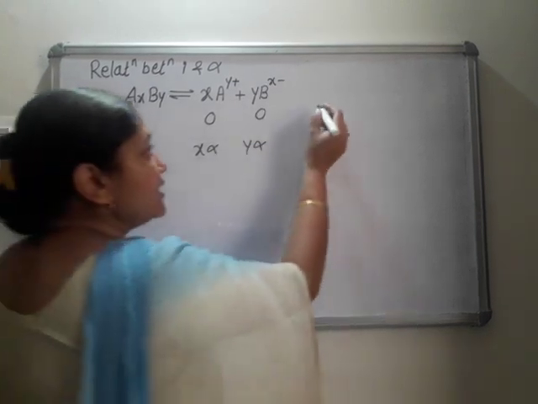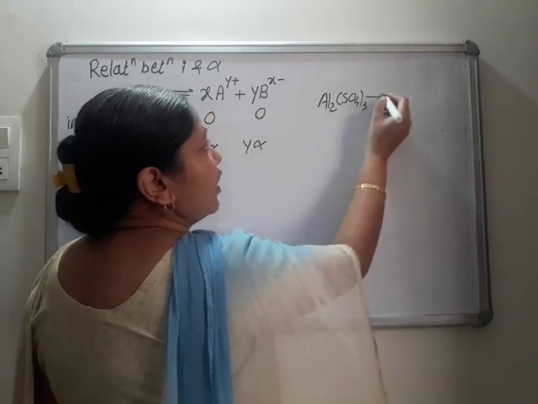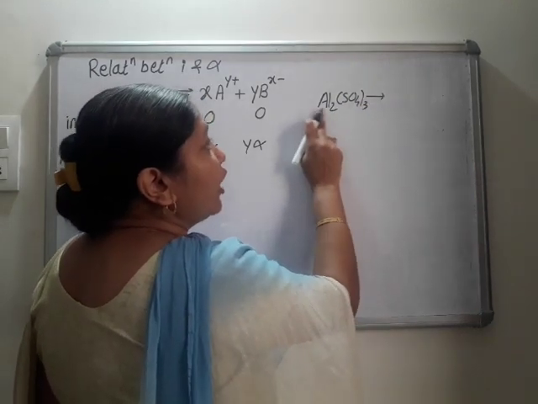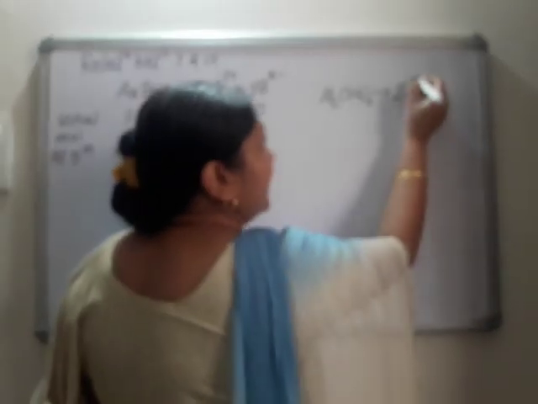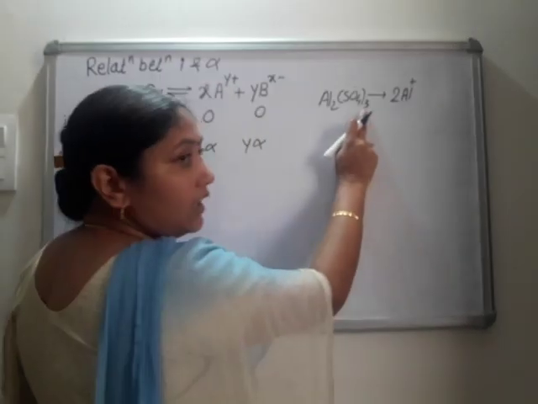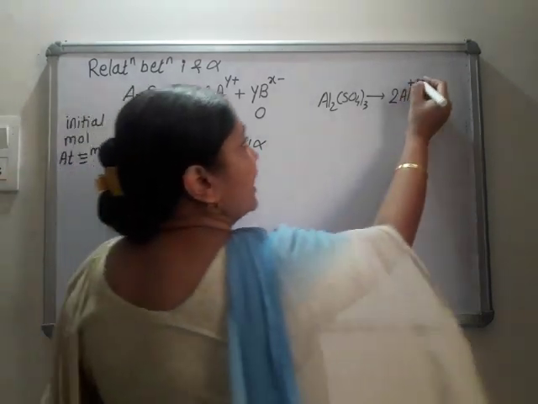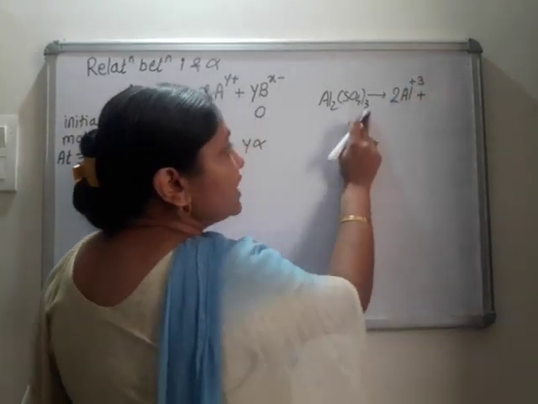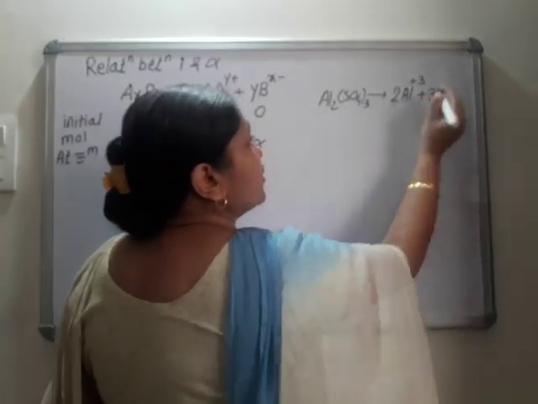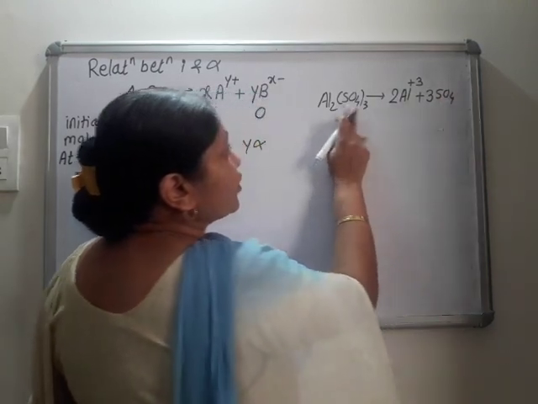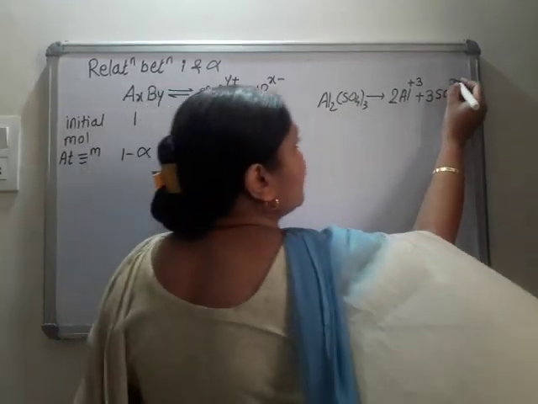Is my point clear? See, Al2(SO4)3. So how do we write its dissociation? How many aluminium are there? 2. So we write 2Al. What is the charge on Al? The number at the bottom of sulfate, so Al is plus 3. Plus how many sulfate are there? 3 sulfate ions are there. So 3 SO4. And what is the charge on SO4? The number at the bottom of Al, and negative. So it is minus 2.